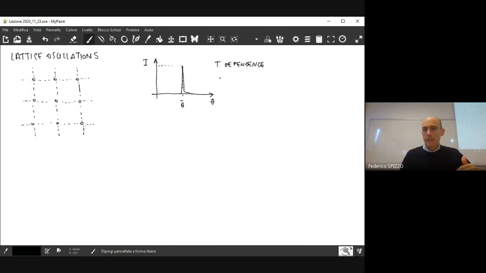So this means that something changes in the system due to the temperature, and those changes are due to the ions, because the Bragg peak is not due to electrons, but is due to the ions. So the idea that something may change in the system due to temperature is suggested by the temperature dependence of the peak.